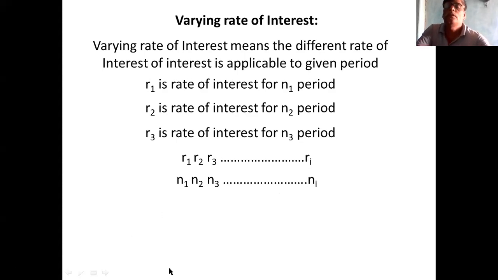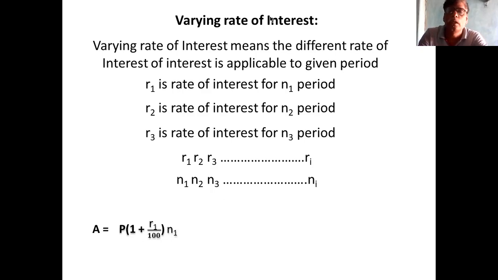If this is given, then you have to modify the equation. The equation is A is equal to P into 1 plus R by 100 raised to N. In that place, I have taken R1 and N1. This is the first period.